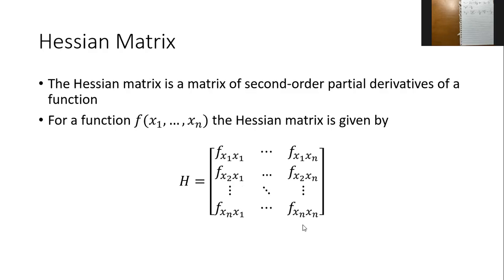Of course, you could look at me and say, well, you just told me that because of something called Young's theorem, it doesn't matter which order you do the derivatives, and that's right. What does that tell you about this matrix? Can we say something about whether H is symmetric? Do you remember the word symmetric? A matrix is symmetric if it's equal to its transpose.